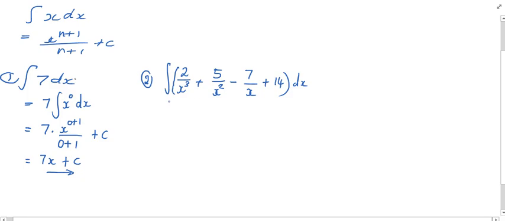So we've got a sum of different terms being integrated.